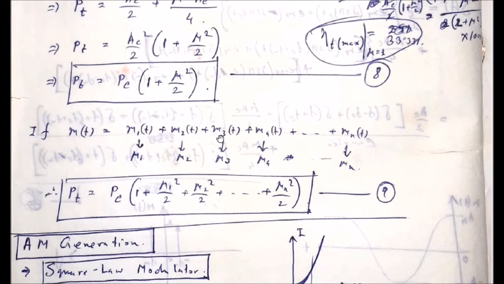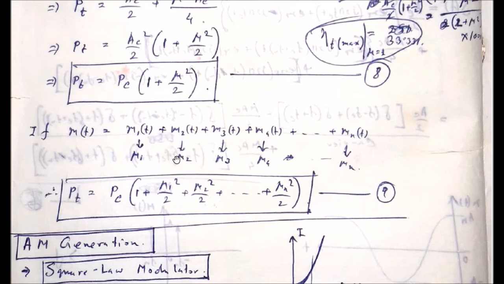It will have different frequencies, suppose M1T, M2T, M3T, M4T up to MNT as per the Fourier series method. And these all M1T, M2T etc. will have different amplitudes, so obviously corresponding modulation indexes will be different. That means mu1, mu2, mu3, mu4 are the corresponding modulation indexes corresponding to M1, M2, M3, M4 etc.